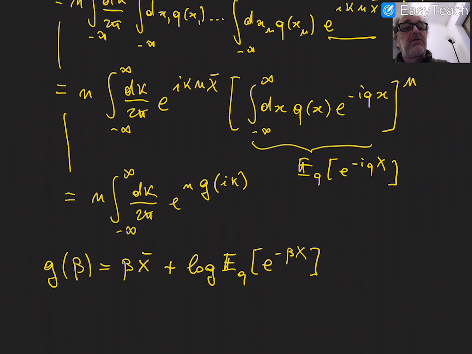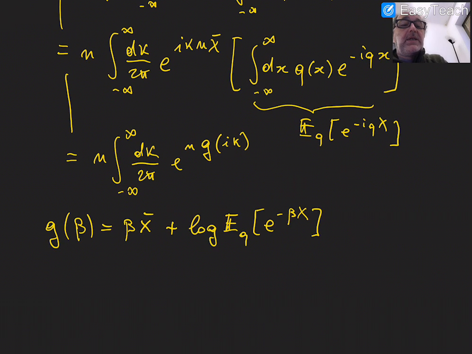Saddle point method means that we have to find the beta for which the first derivative of g of beta is equal to 0.